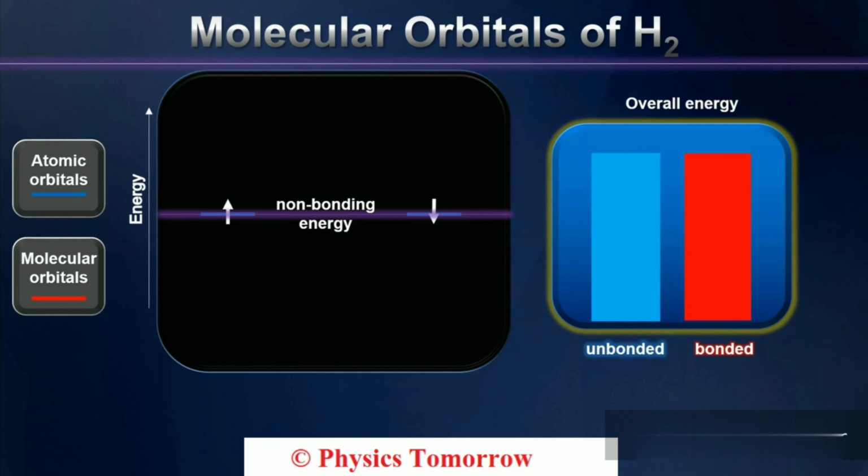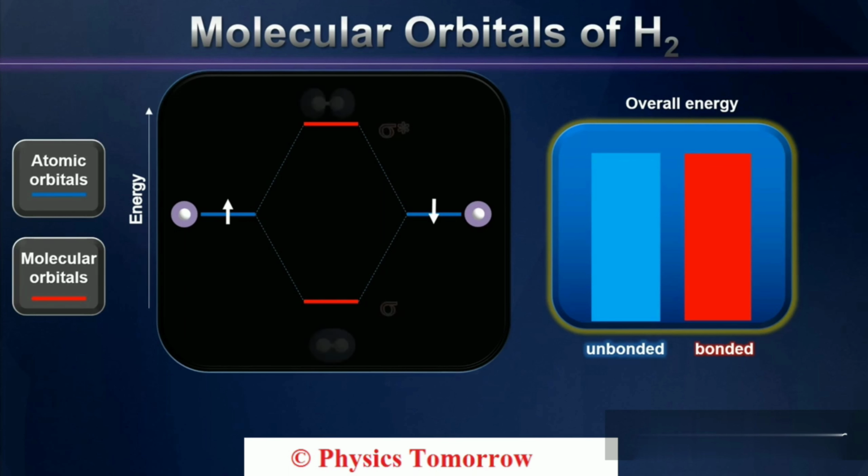So let's combine these 2 different atomic orbitals into molecular orbitals and see what happens. When this happens, we always get a combination that is sort of centric around that non-bonding energy. In this case, we formed 2 new molecular orbitals from our 2 atomic orbitals. One is the sigma, one is the sigma star.